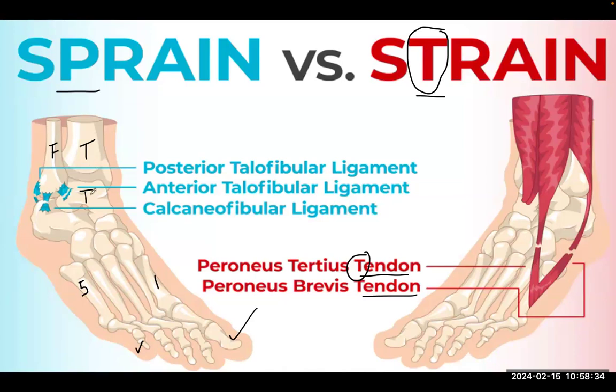It typically happens with a plantar flexion inversion type of injury at the ankle. So when the foot plantar flexes and inverts, which means it's kind of like rolling inward, everything on this outside part overstretches, and these can tear.